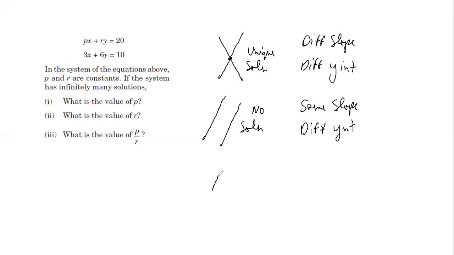The third part is infinite solutions. There is one line and the second line actually overlaps the first line. That's called infinite solutions. They are practically the same line, so they will definitely have same slope and same y-intercept.